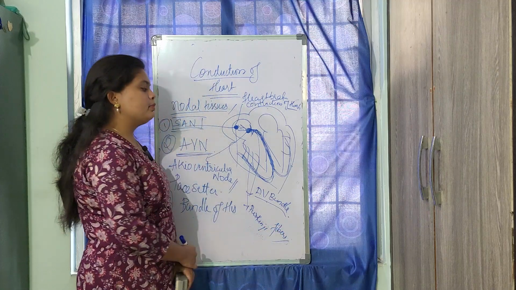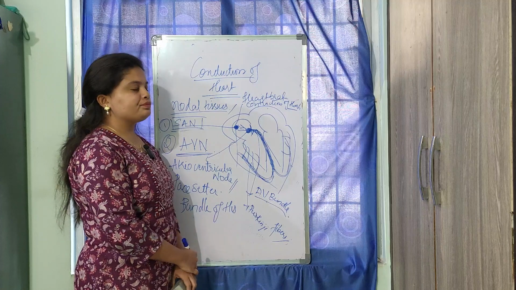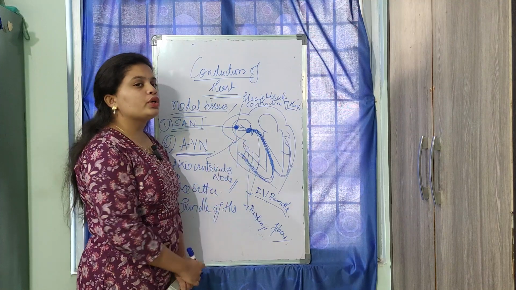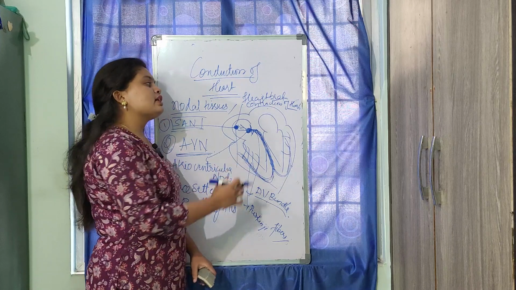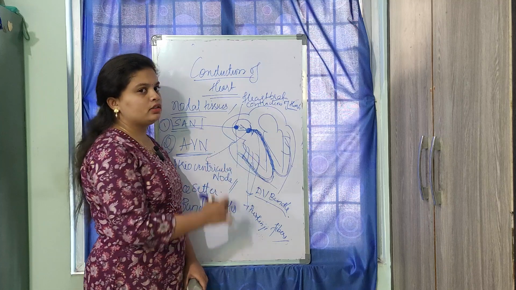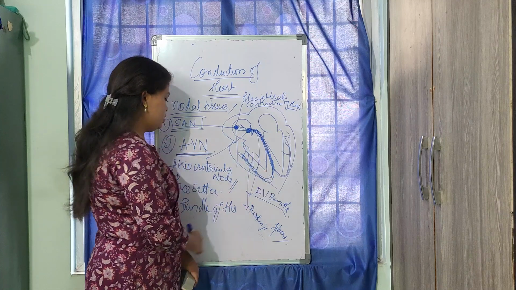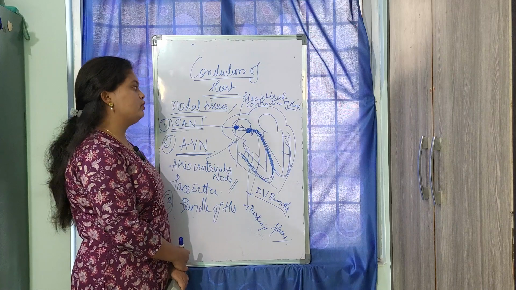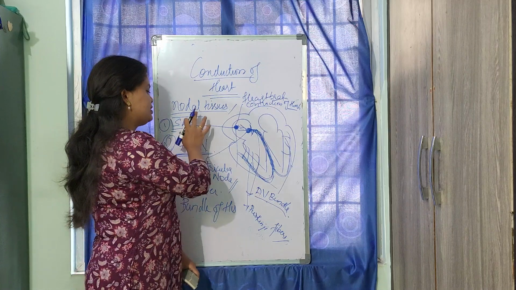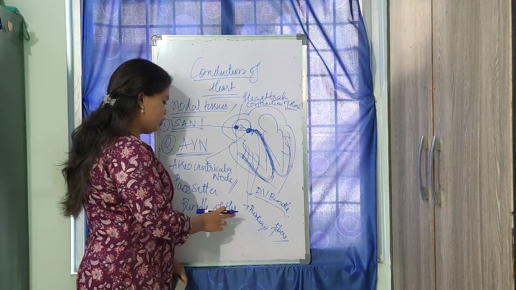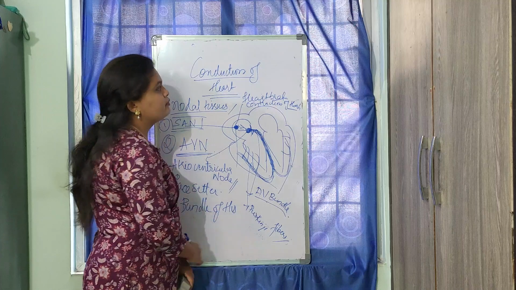These Purkinje fibers innervate the walls of the ventricle and will make sure that the ventricle receives the nerve impulse and contracts. Okay, so this is all about the conductive part of the heart, where we have learnt about SAN, AVN, the bundle of His and Purkinje fibers.